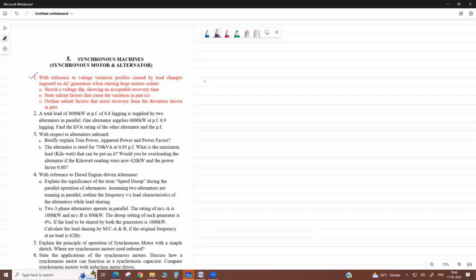Next is a total load of 800 kilowatt at 0.8 power factor supplied by two machines. So there is a second question. There are two alternators running in parallel and sharing a total load. So they are operating in parallel.